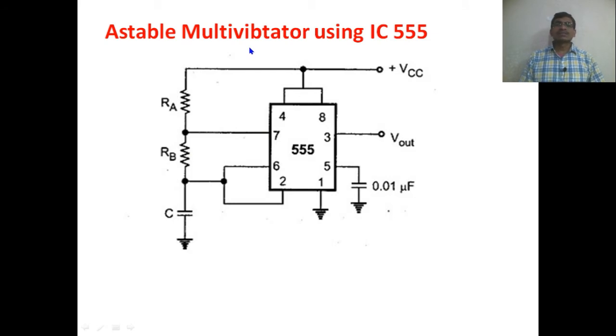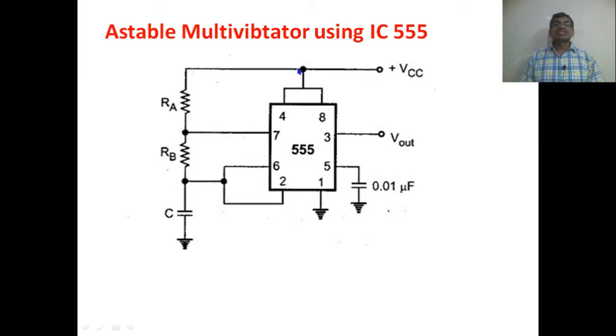An astable multivibrator does not have any stable state. It contains two quasi-stable states and the output switches between the two quasi-stable states. The second and sixth pins are joined and then connected to a capacitor C, and the fifth pin, which is the control voltage, is connected through a 0.01 microfarad capacitor to ground, and the seventh pin is connected to the RB resistor.